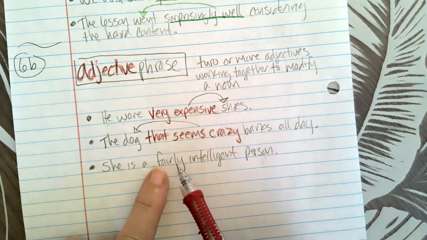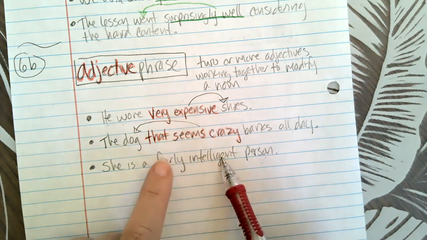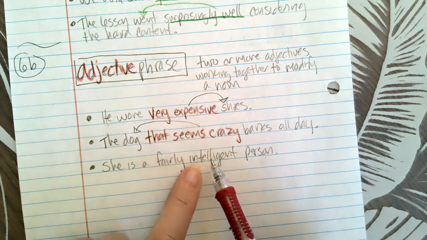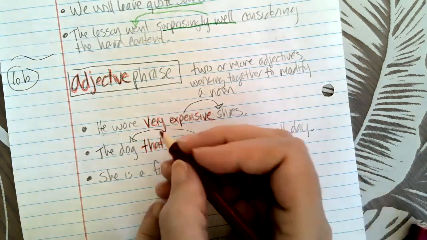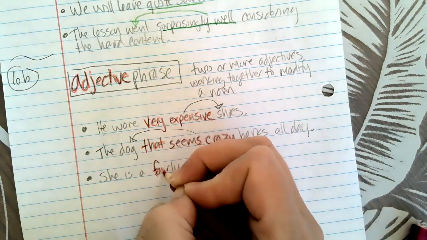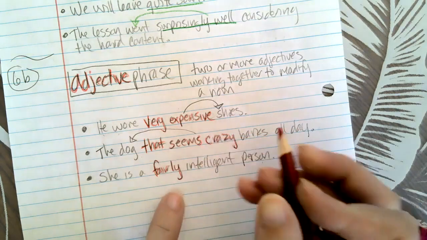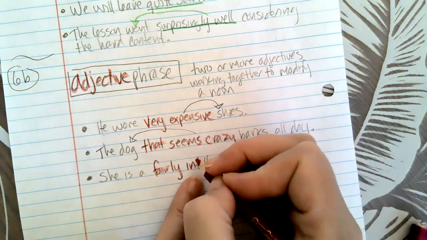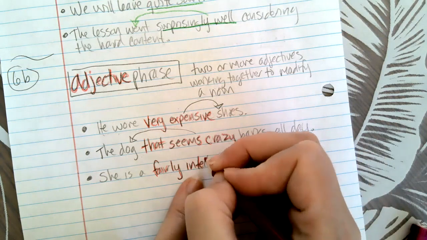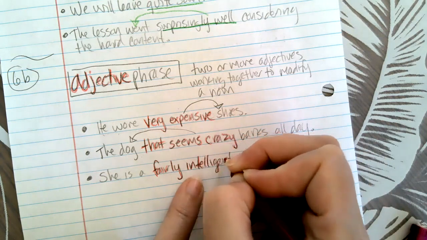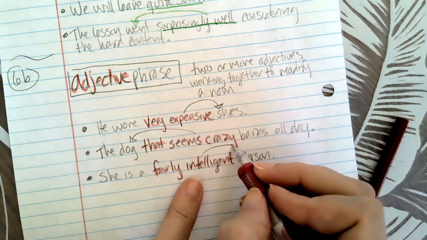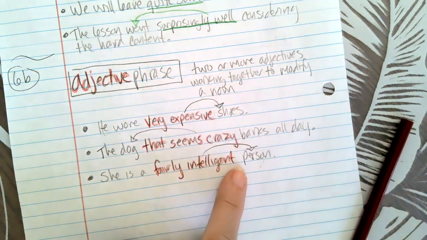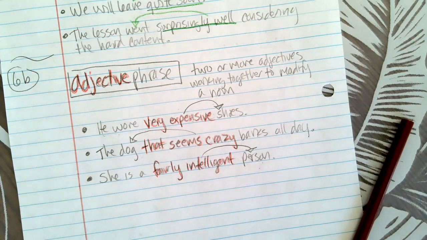So this is definitely working with intelligent to give us that extra information about the type of intelligence. So we're going to go over fairly intelligent. And when they are working together, two or more, that's when we call them an adjective phrase, because they're two or more words working together to do a job, okay? And that job is to modify that noun.